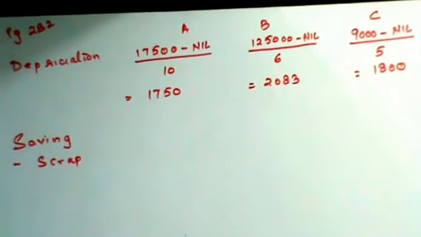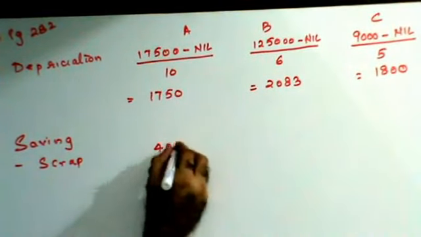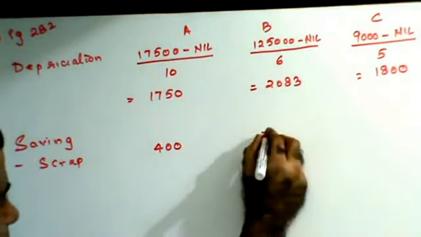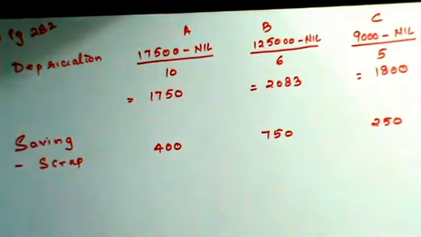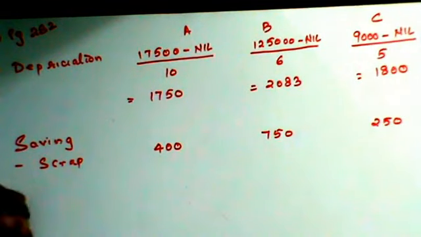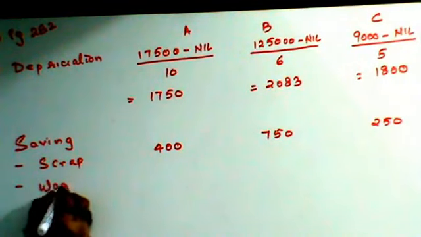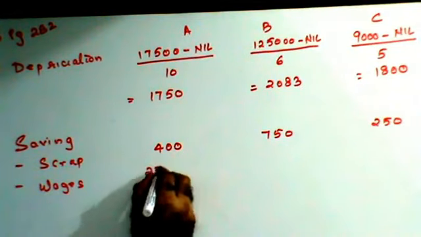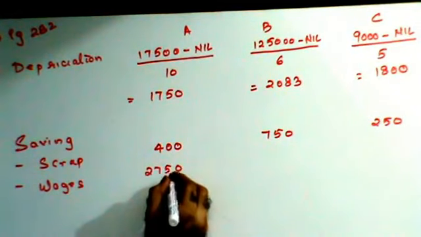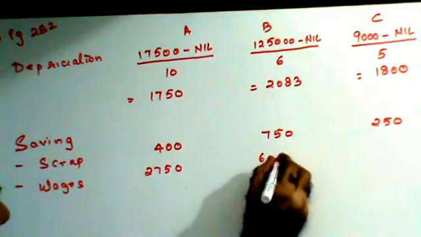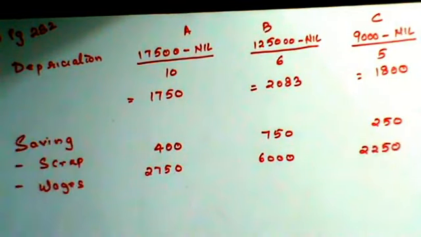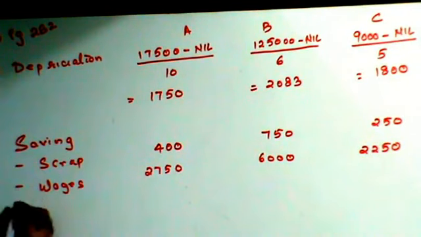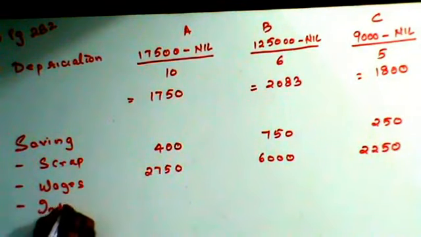Savings in terms of scrap is 400 for machine A, 750 for machine B and 250 for machine C. Then saving in terms of wages is 2750 for machine A, 6000 for machine B and 2250 for machine C. Next, savings of indirect material.